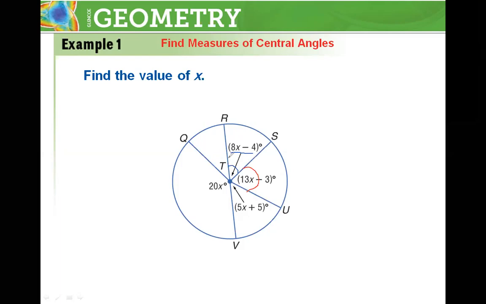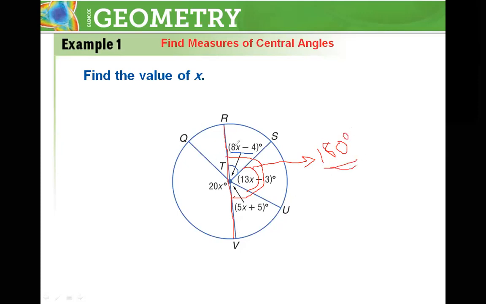These three angles equal what? They equal a half circle. As you see, this line is a diameter. The diameter divides a circle into two equal parts. So the sum of the measures of the three angles will be 180.